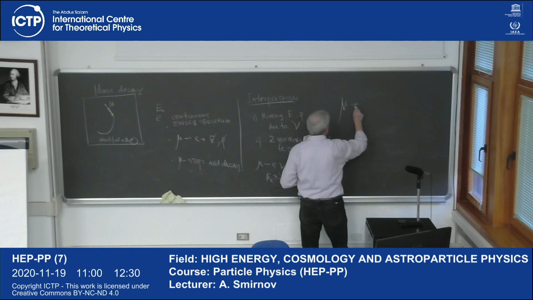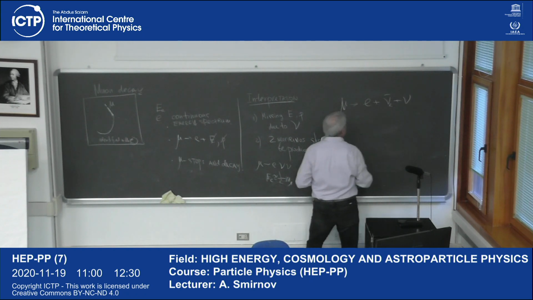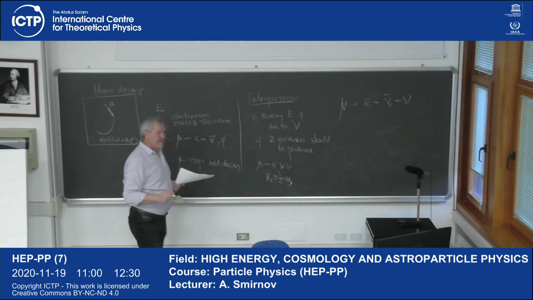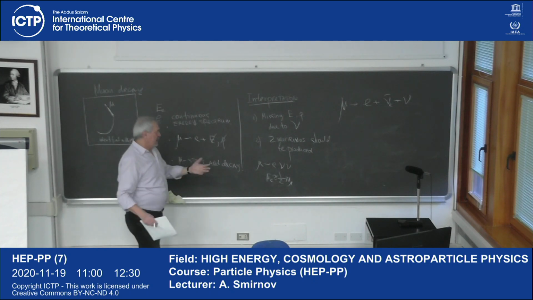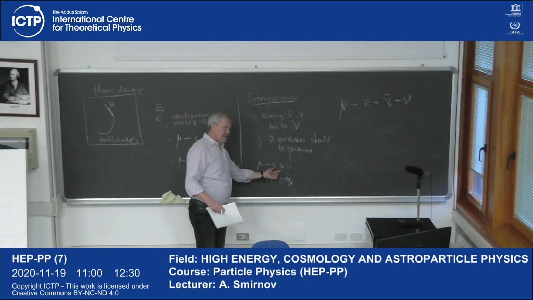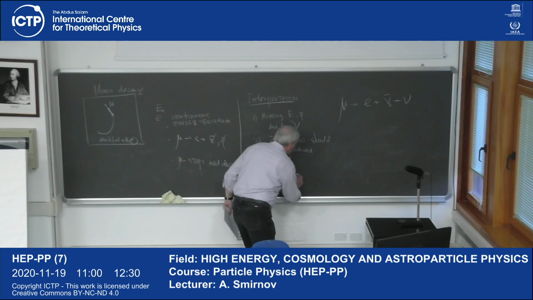So, we arrive at the conclusion that we need to have mu going to electron plus two neutrinos. Clear? Again, if you would have just two particles in the final state, the energy of the electron in all the decays should be fixed. And it is approximately half of the mass of the muon. This way we would have the muon decay at rest and a configuration like this. We have the electron and neutrino.